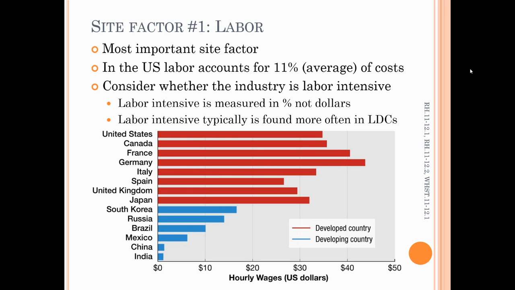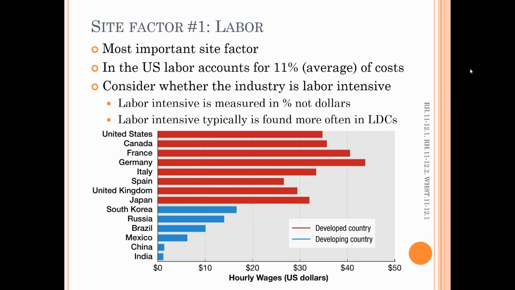All right, so I'm not looking at pure dollars I'm spending on my workforce, I'm looking at the percentage of my total costs. If this industry is very labor intensive, which is generally a low skill industry, that means I want to minimize my labor costs, maybe even more than my transportation costs. Because again, my goal as a company is to make money.